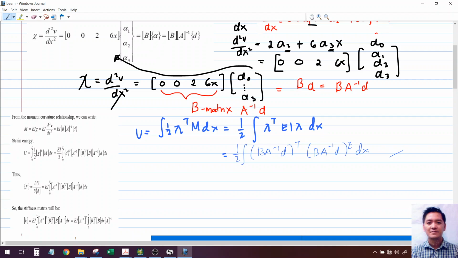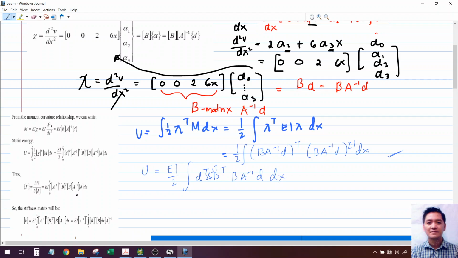Siyempre may EI. Magiging ano to, no? U equals EI over 2 integral of D transpose B transpose A inverse transpose. And then B A inverse D dx.